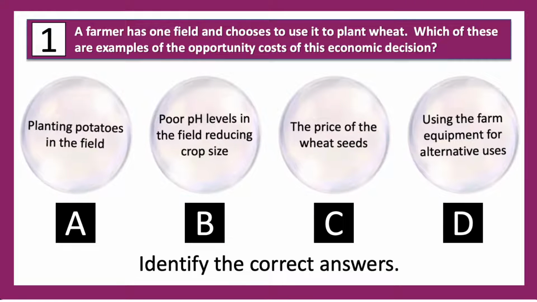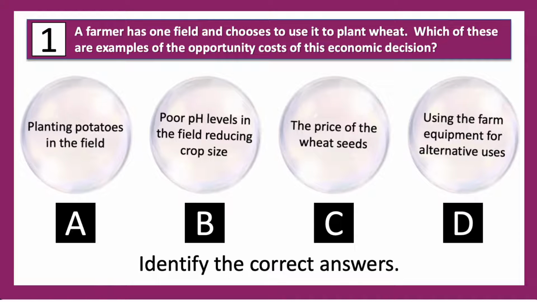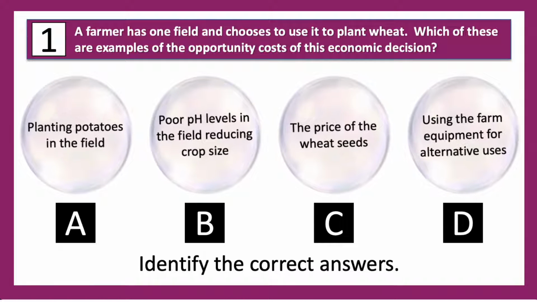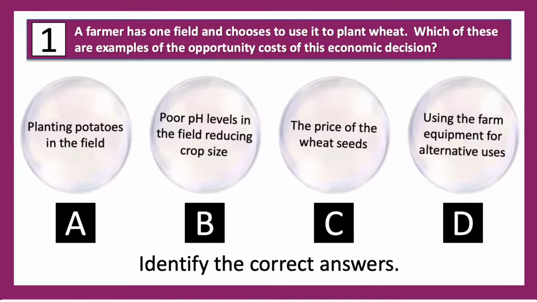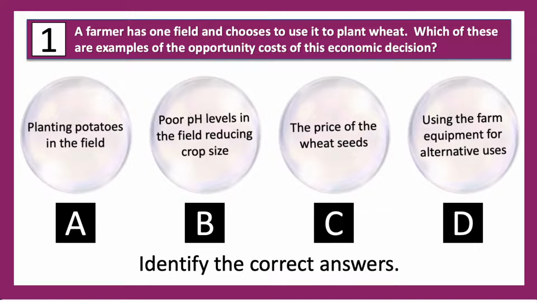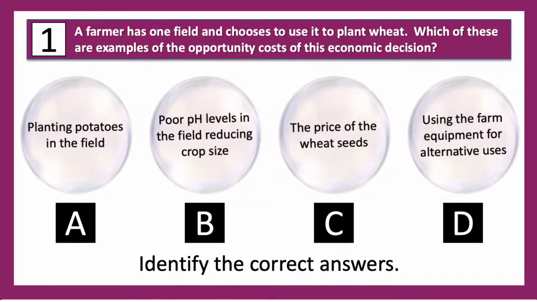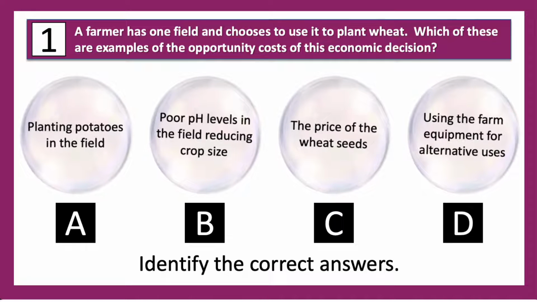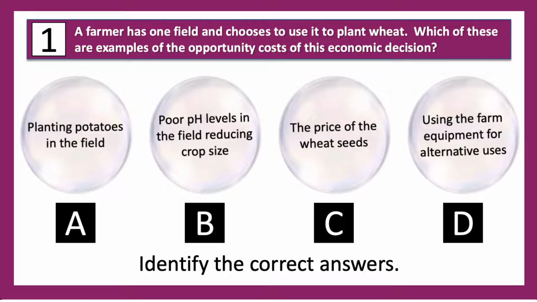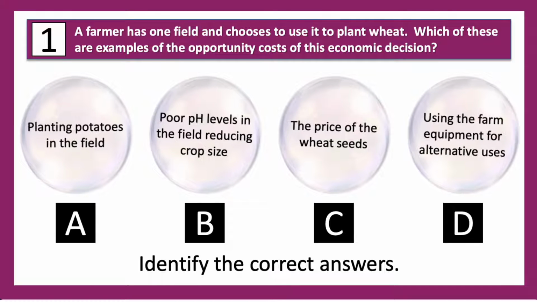So this first one then, a farmer has 1 field and chooses to use it to plant wheat. Which of these are examples of the opportunity costs of this economic decision? So put what you think are the correct answers in the chat, please.